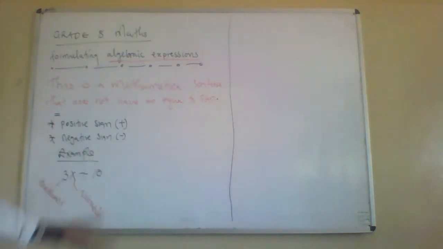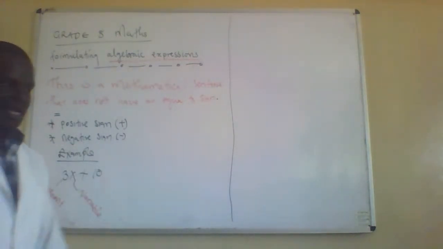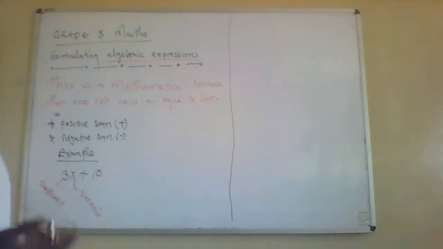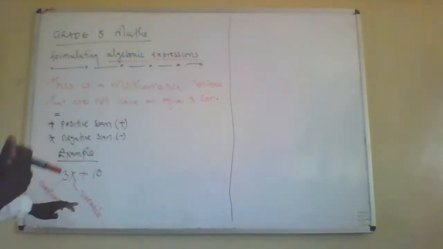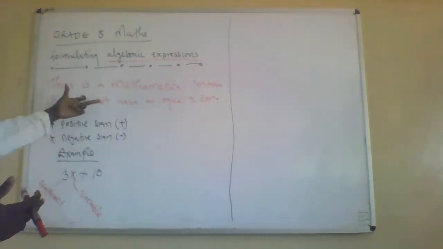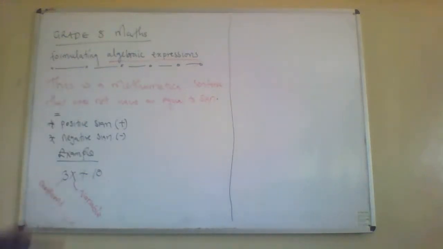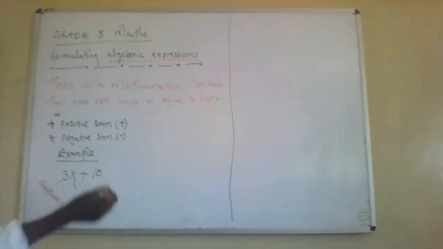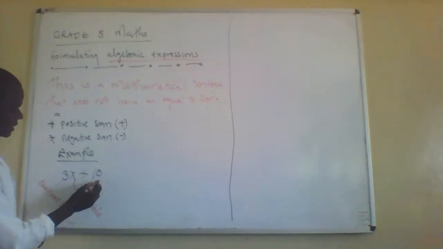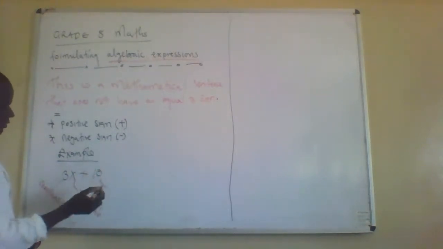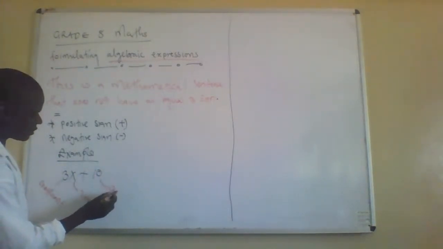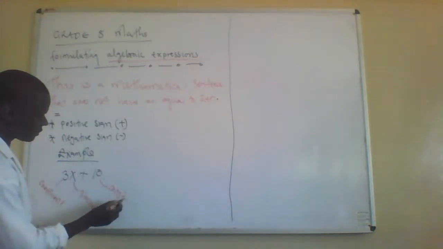The variable can be y, can be m, can be l, any letter that's found in the alphabet. When you write it in the mathematical sentence, that letter becomes a variable. Then there's also this number 10, which does not have any variable. Therefore, this number is called the constant.